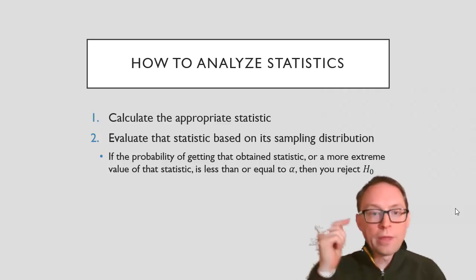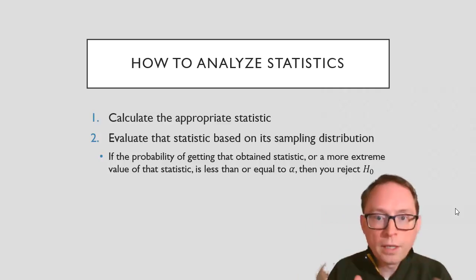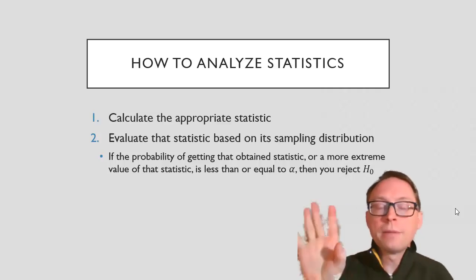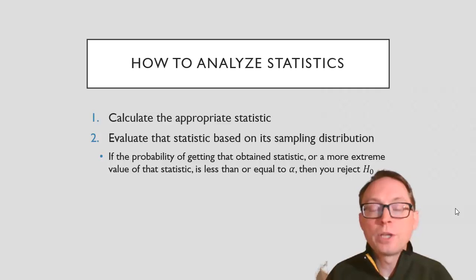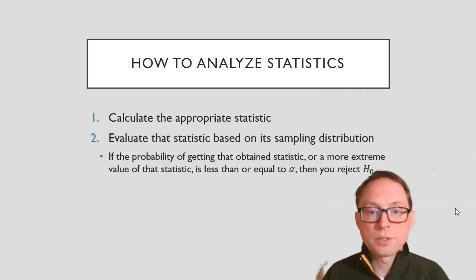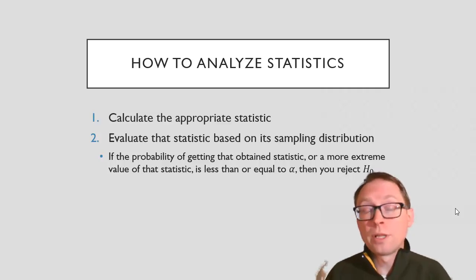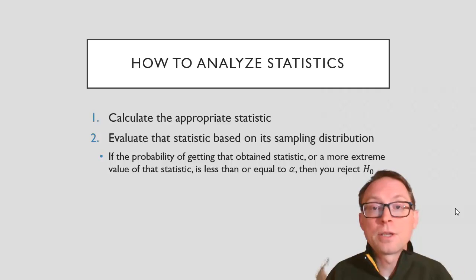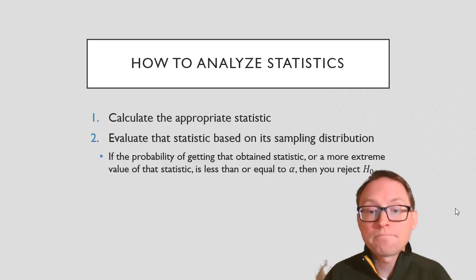So if the probability of getting an obtained statistic, 28, or something more extreme, more than 28, is less than or equal to alpha, then you reject H sub 0, and H sub 0 is the null hypothesis. Remember, alpha is whatever standard you happen to accept. Normally, we think about this as 0.05, right? It's a 5% chance of making a type 1 error.